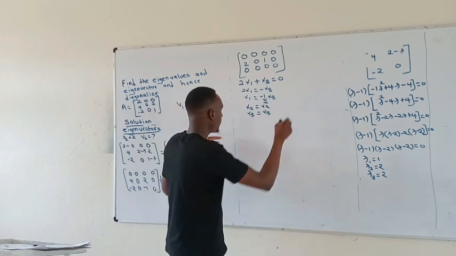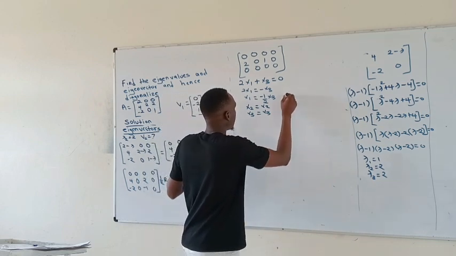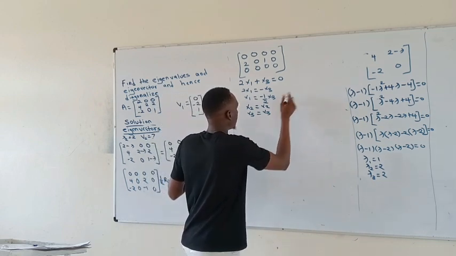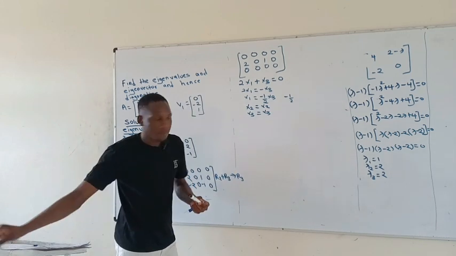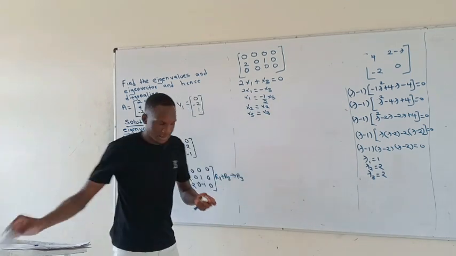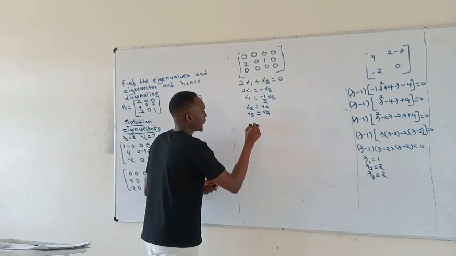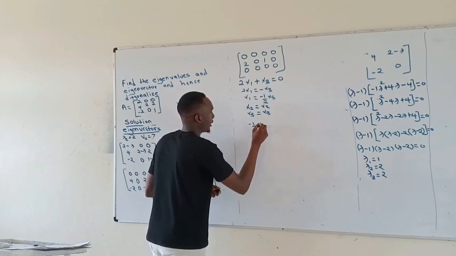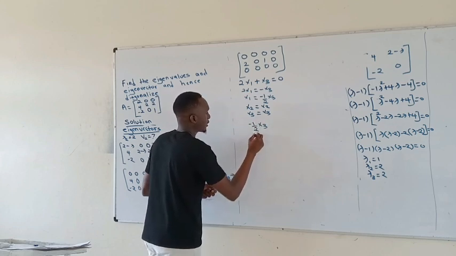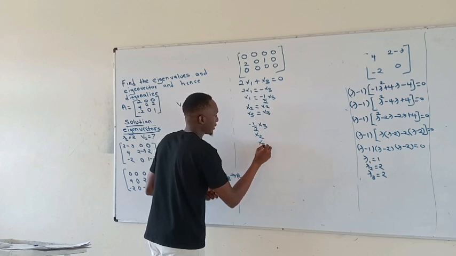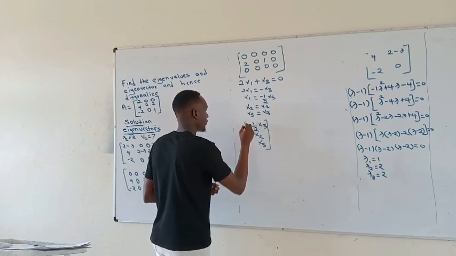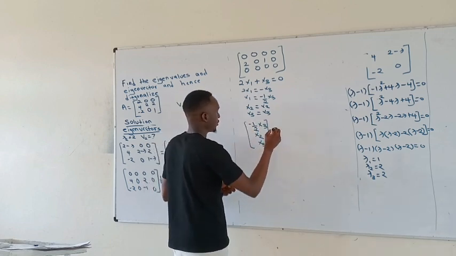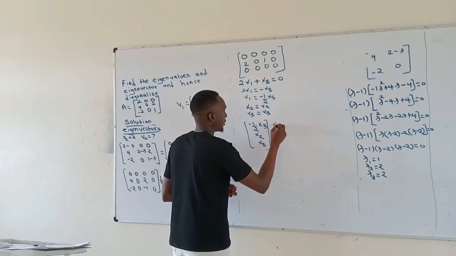Therefore, we have negative half. Let's solve it down here. We have negative half x3, x2 is x2, and x3 is x3.